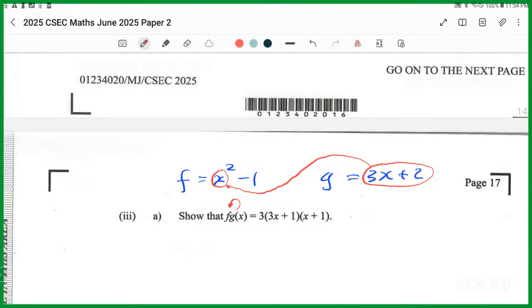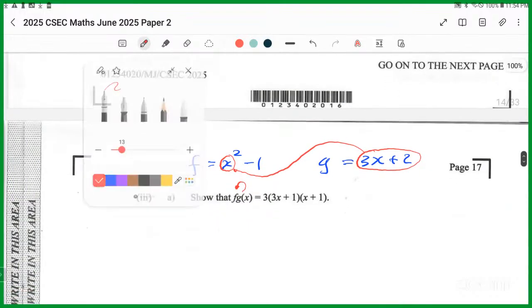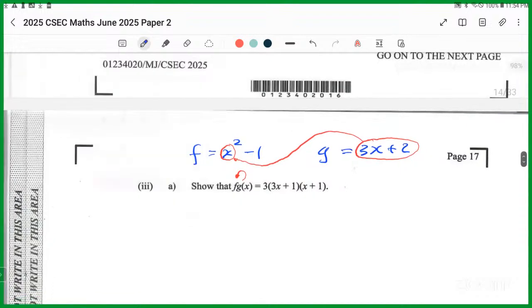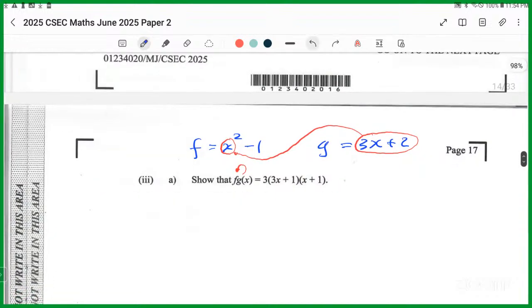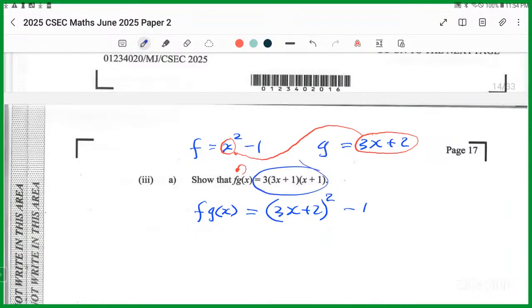That's how it works. So we're going to expand it out to that. So f of g of x becomes 3x plus 2 all squared minus 1.